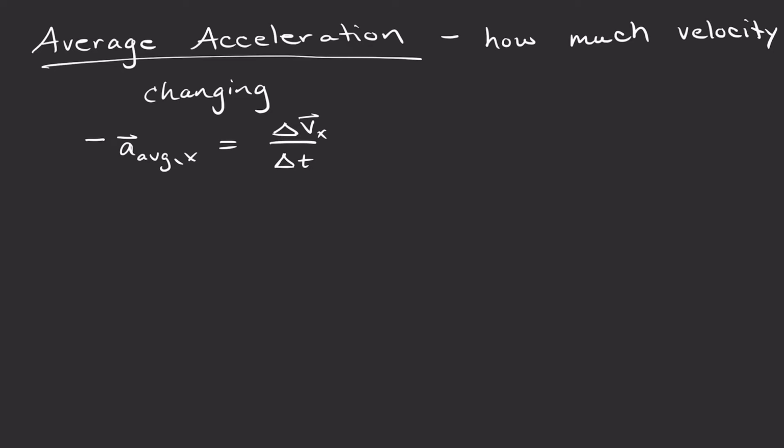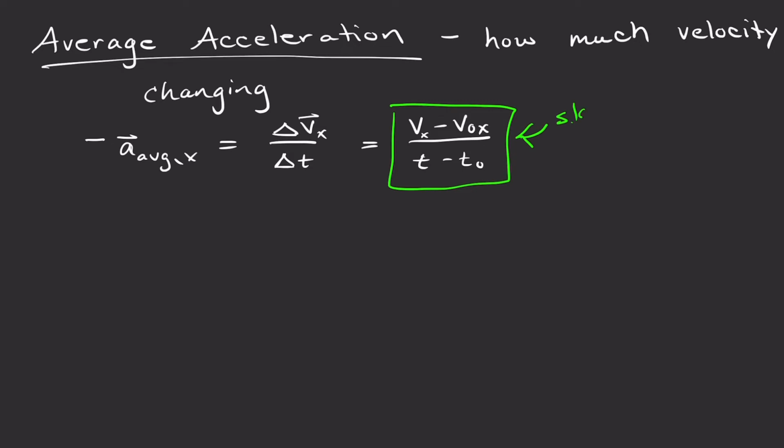Okay, so technically they should have a vector hat above them. And again, I'm going to write this as vx minus v naught x, over t minus t naught. Okay, and so the first thing you should recognize is we have this thing that looks like a slope formula again.